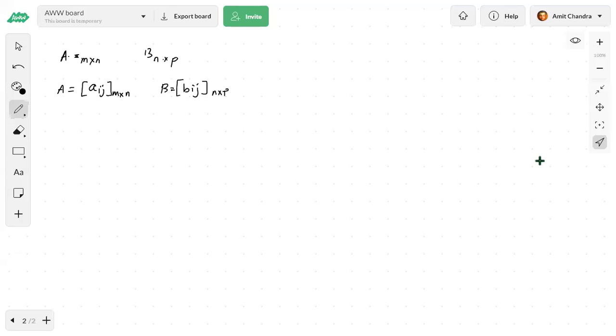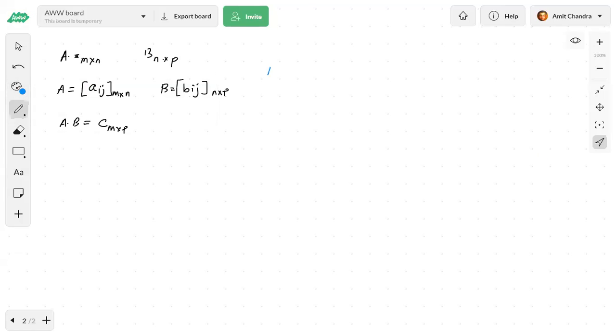Okay, so we will see how we can write in general for A and B. If I am multiplying matrix A and B, I can write this as C. Matrix C will be of the order M cross P. Okay, fine.